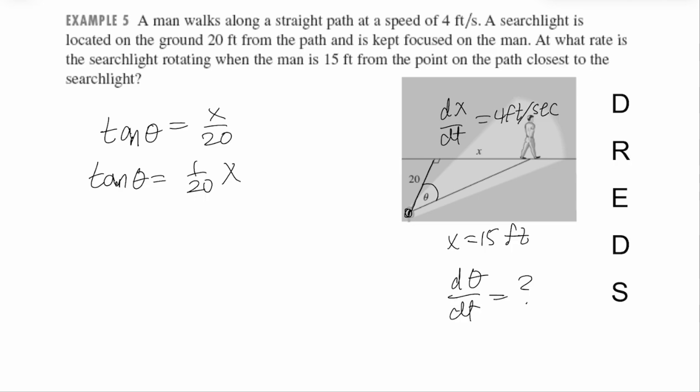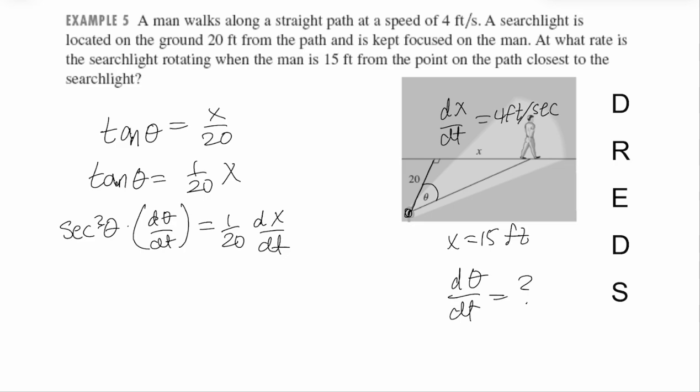The derivative of a tangent gives you secant squared, but theta is not time, so we have to tack on a d theta dt. The derivative of 1/20 x is just 1/20, but we have to tack on a dx dt.